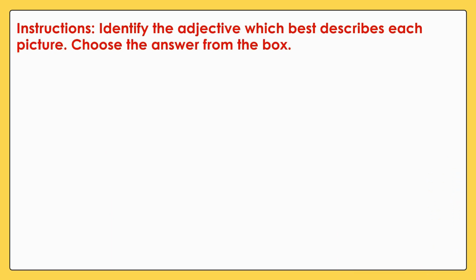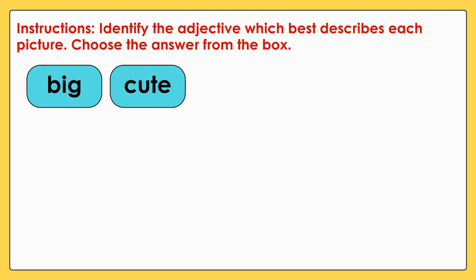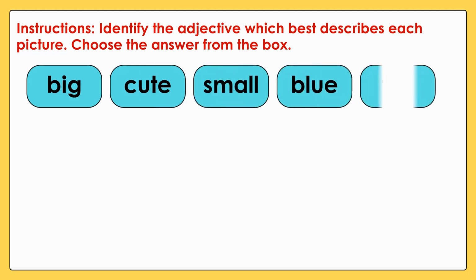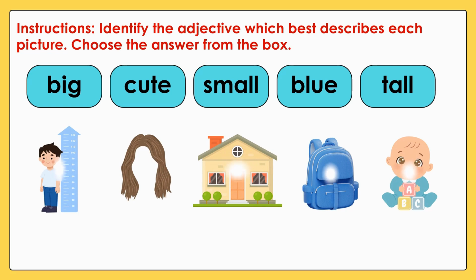Let's have another activity. Directions: identify the adjective which best describes each picture. Choose the answer from the box. And here are the choices: big, cute, small, blue, and tall. Take a look at these pictures.